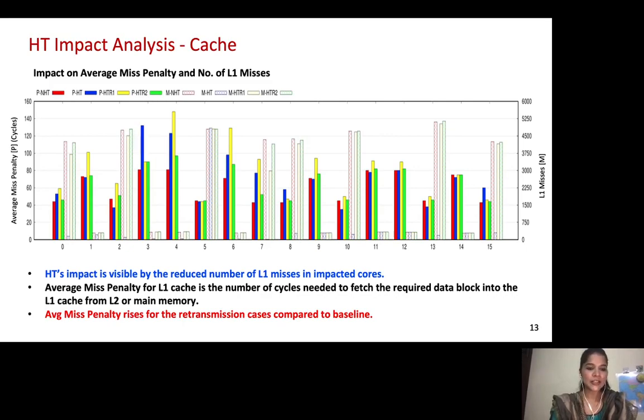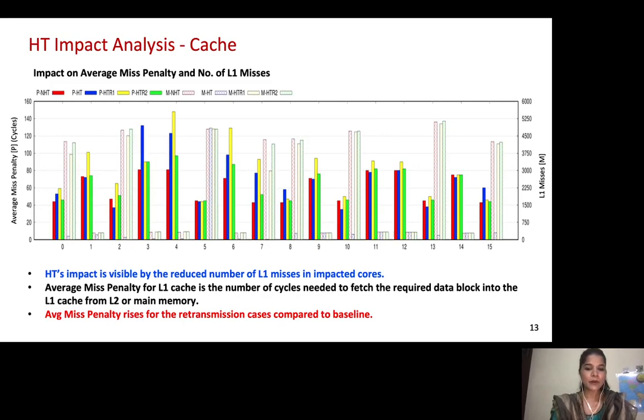Here we can say HT's impact is visible by the reduced number of L1 misses in the impacted core, because a lesser number of instructions get executed and those that are executed get stalled as the ROB entry becomes full.